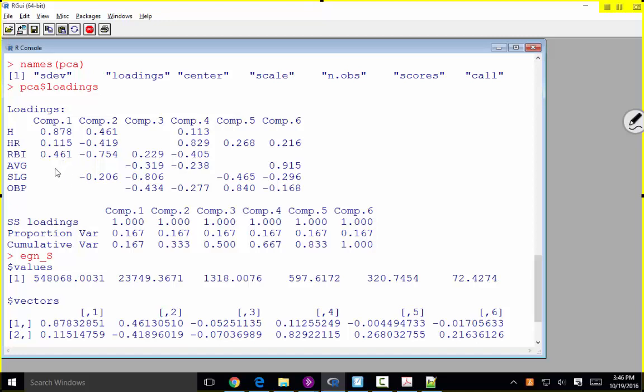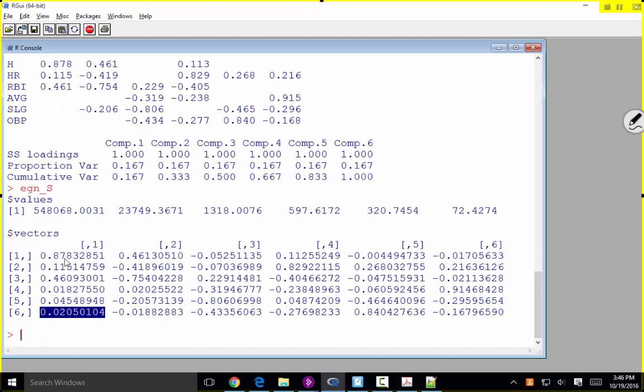So we might say, well, roughly speaking, the first principal component is a weighted average of hits with RBIs, with highest weight given to hits, and a little bit of contribution from home runs. But the biggest driver of spreading out the players in one dimension is hits and home runs.